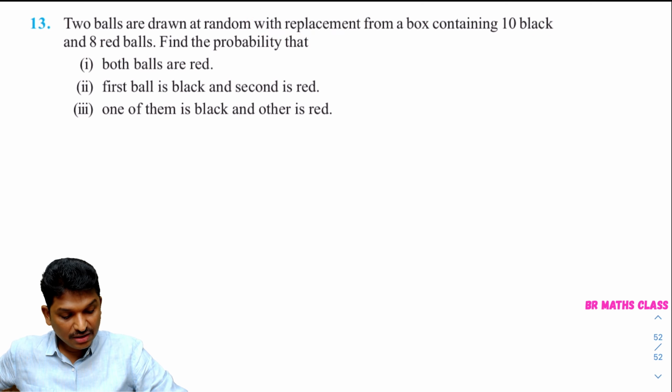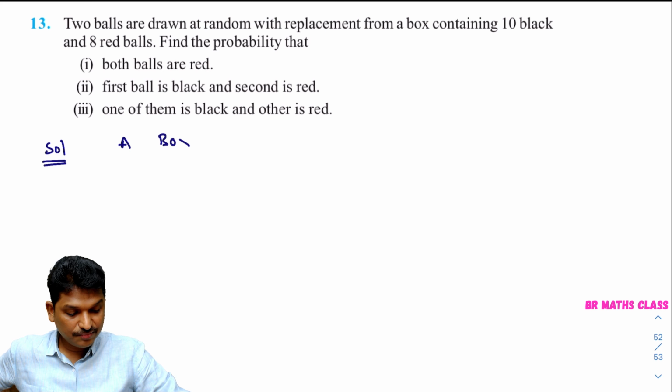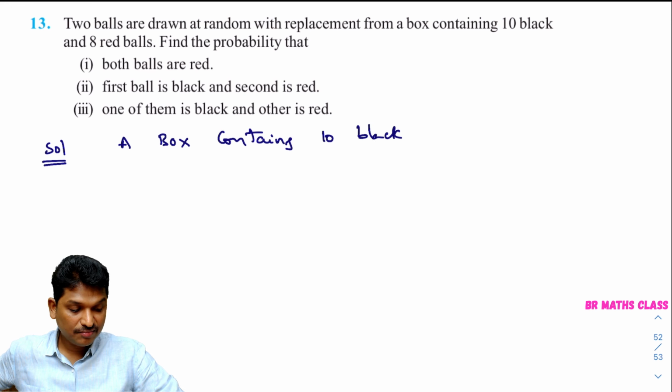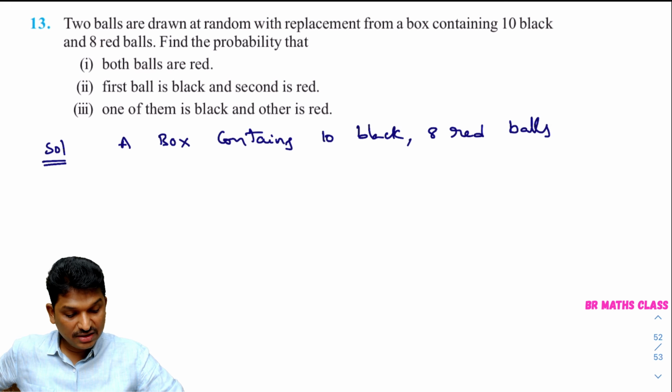Okay, we'll start the solution. What they are saying: a box contains 10 black, 8 red balls. Two balls are drawn at random with replacement.